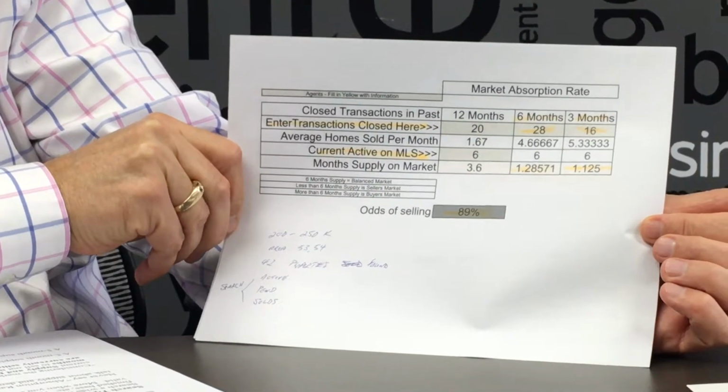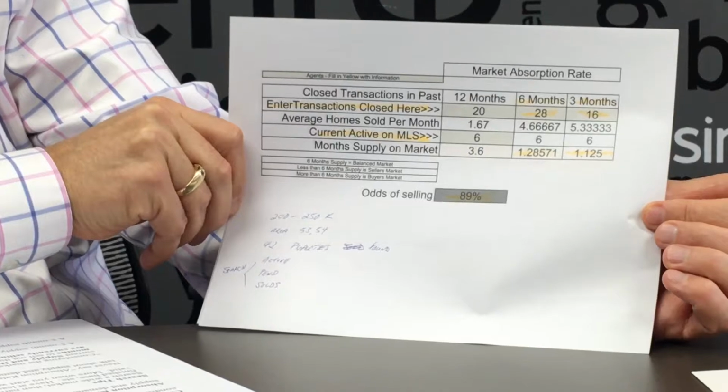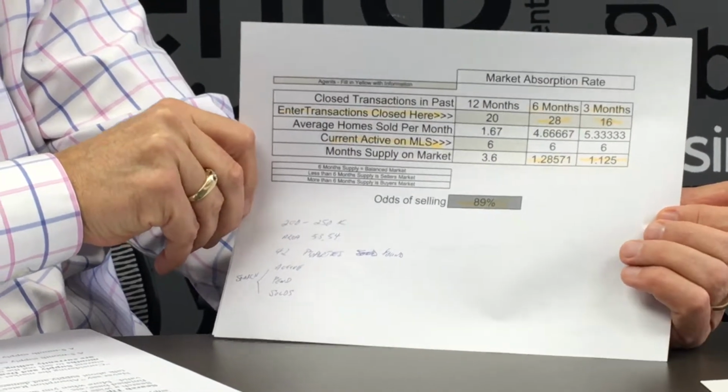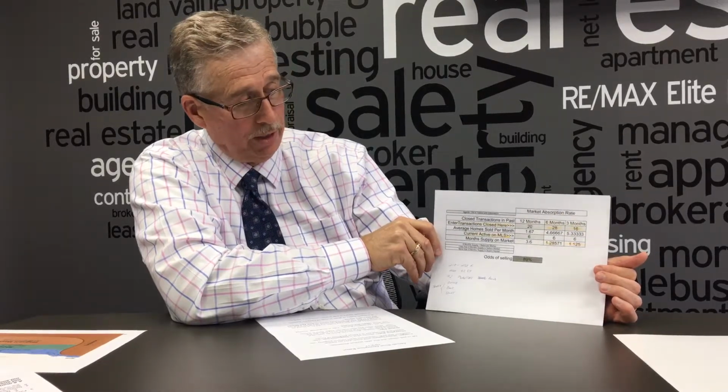If it's not on the intranet now, it should be within the next day or two, so you'll be able to use this. The old-fashioned way of actually doing the math is not that much fun. This is really fast and easy, and will help you explain it to your clients.